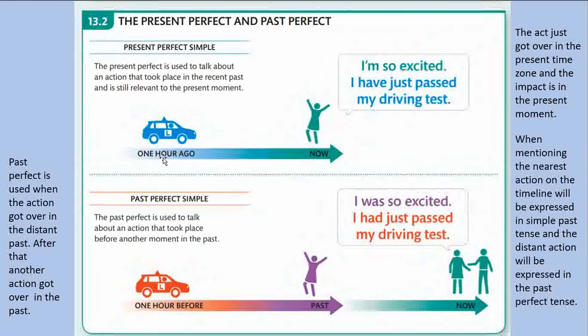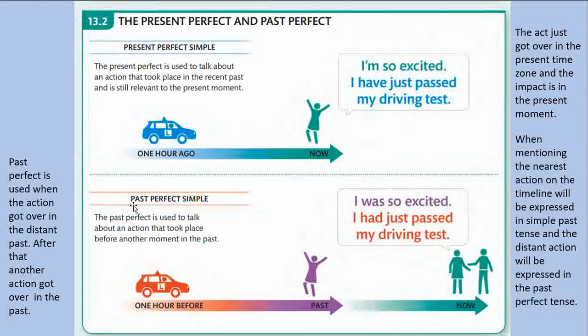For example, 1 hour ago or some time back, maybe half an hour ago, the person passed a driving test. Okay, so in the present zone, the person is excited, mentioning that I have just passed my driving test. Have passed is present perfect. So present perfect tense is used because it has some impact on the present moment.